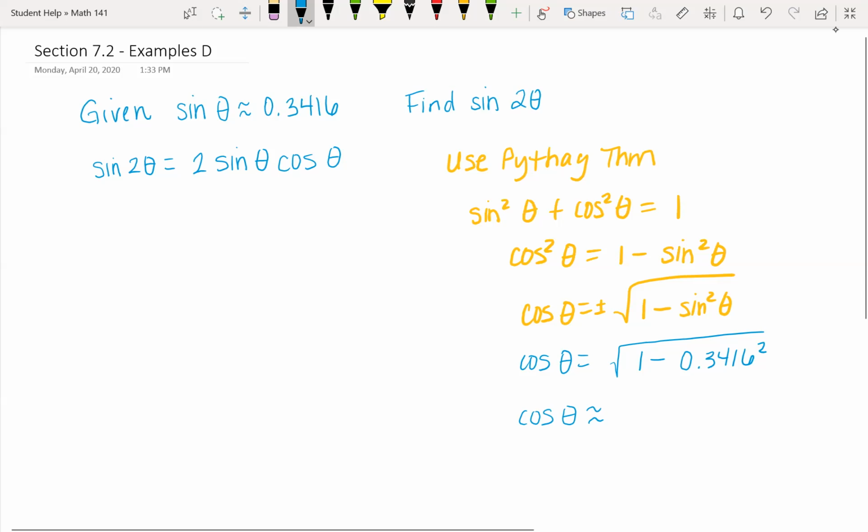I'm getting approximately 0.9398. So now I've got two values that I can plug back into my original: 2 times 0.3416 multiplied by 0.9398. And so for sine of 2 theta, I'm going to get about 0.6421.